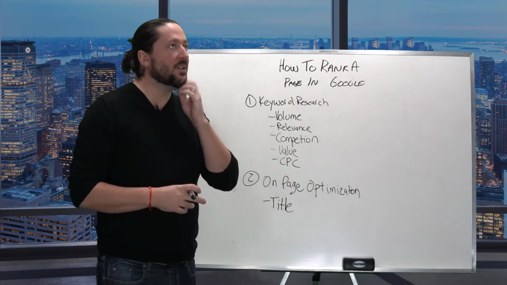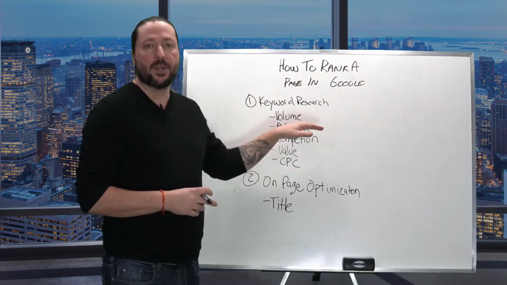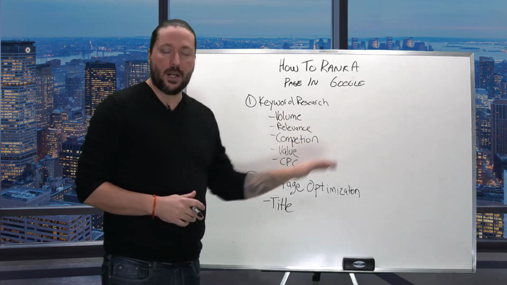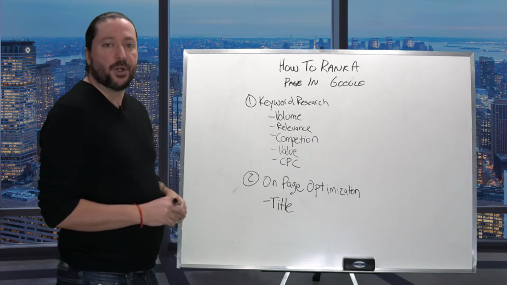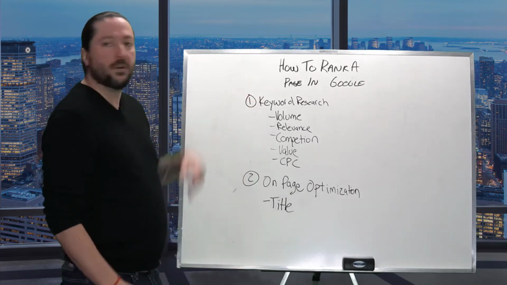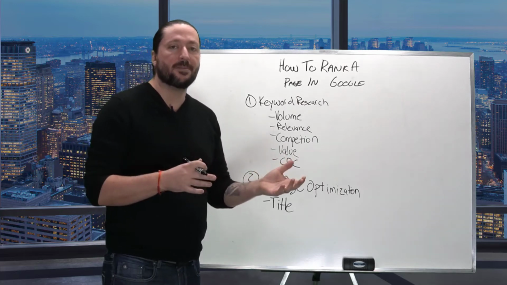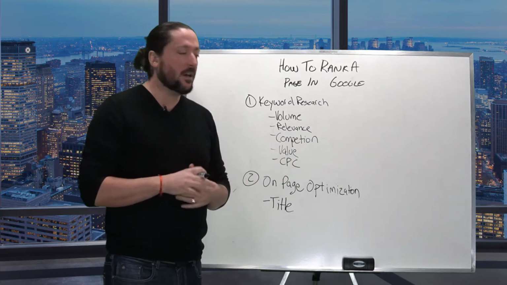So when you do a listing in Google, you always see the 10 results that come up in Google. The 3 bits of information that you're able to see are the title, the URL, and the description. So the title is pretty important to optimize for the keyword that you're trying to rank for. Now there's good optimization and bad optimization. There's aggressive optimization and there's more passive optimization.